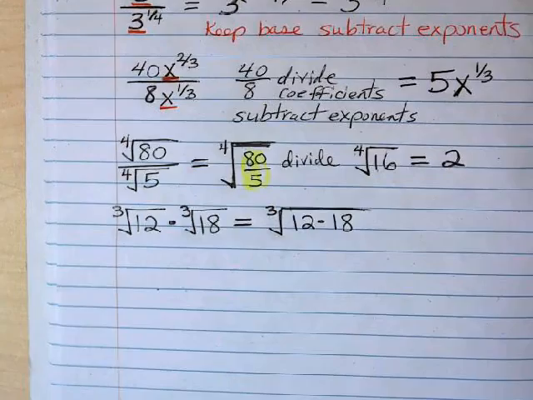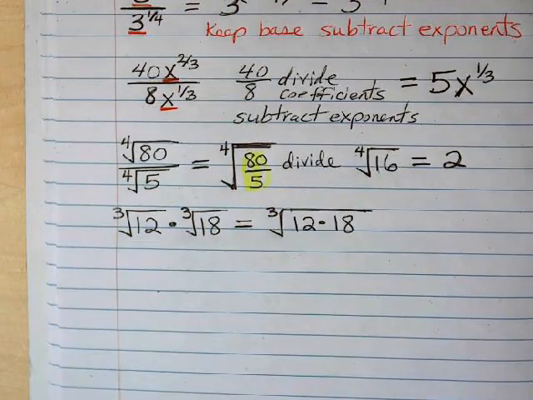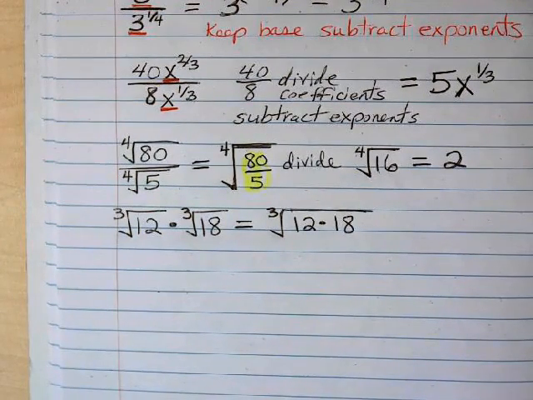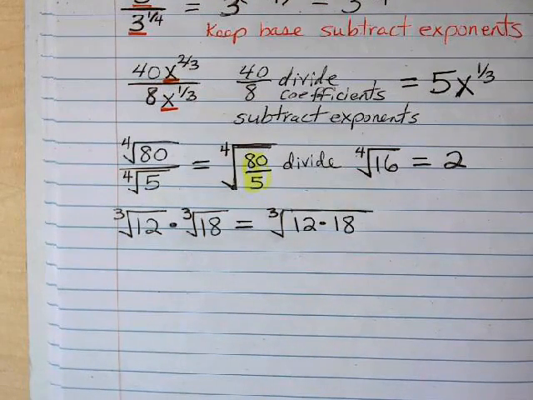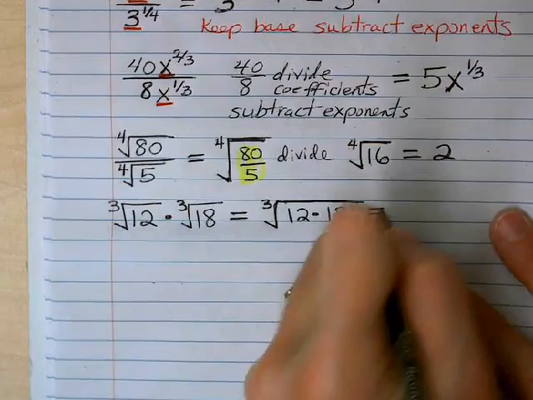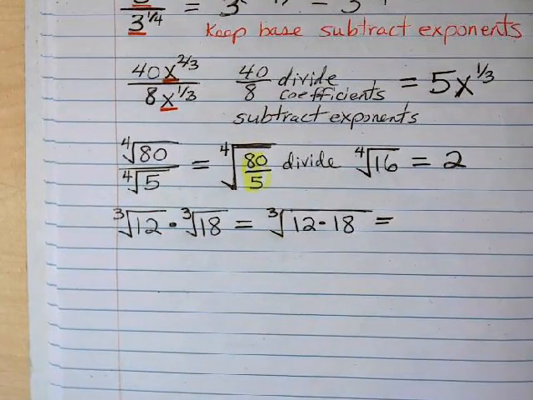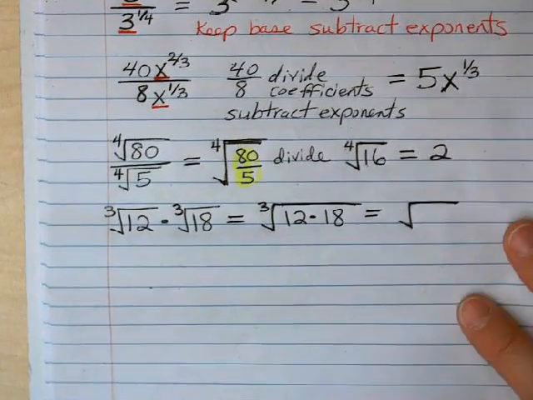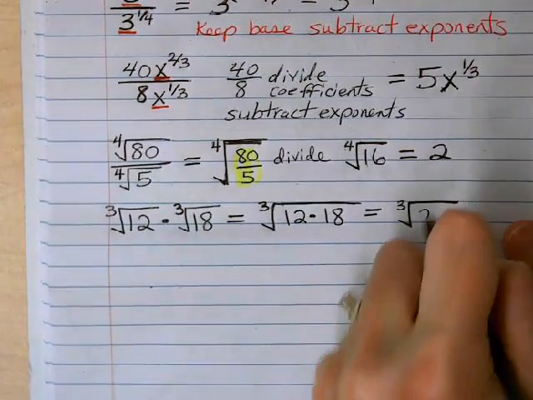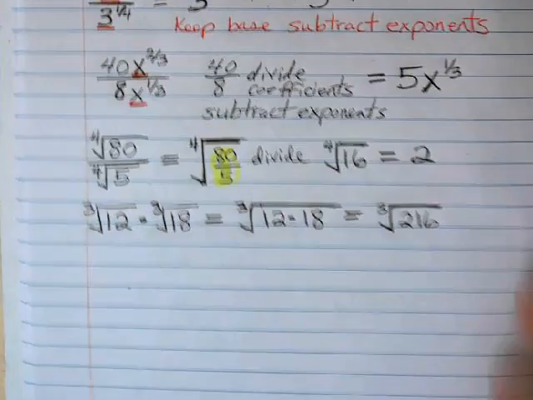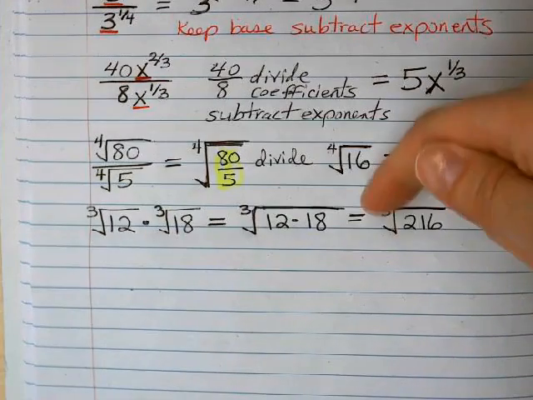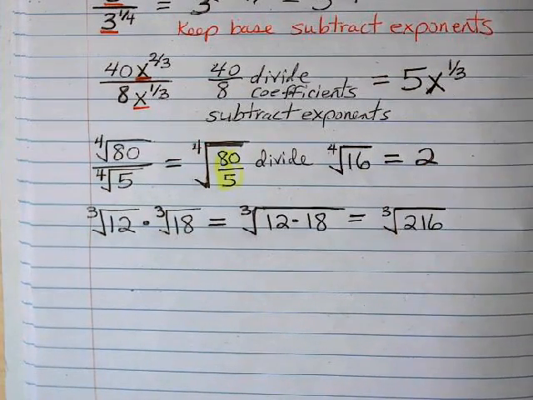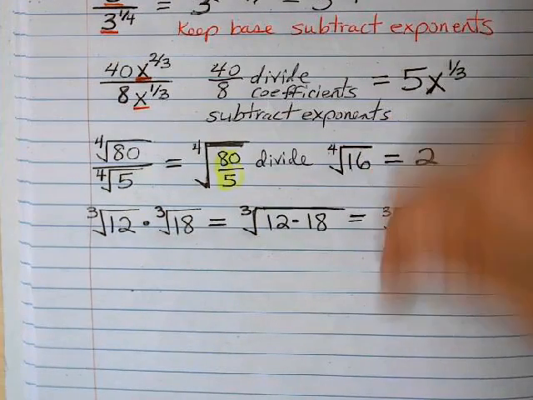That'll make it an easier problem. So you can literally multiply 12 and 18 since they were both in a cubed root. So you just grab a calculator, figure out what 12 times 18 is. That'll get it into one number that we can figure out. Yeah, it's 216. And then you could figure out cubed root of 216. A cubed root means there's 3 of something that makes 216. You can hit 3 and then that cubed root box key.